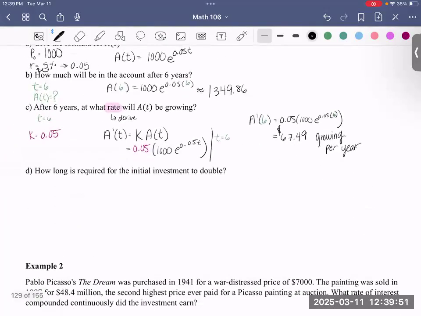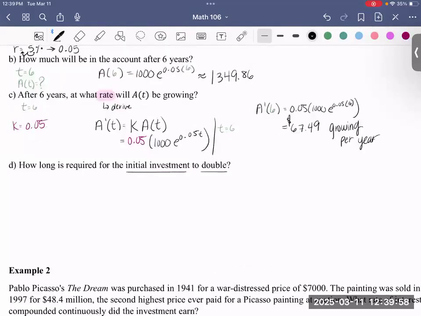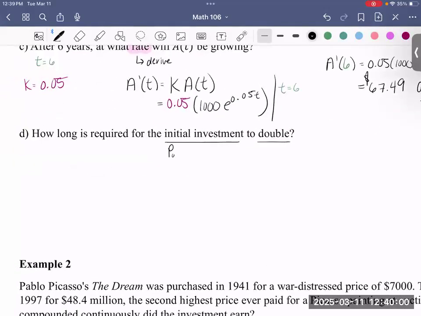Then it says, how long is required for the initial investment to double? So if we know that your initial investment is $1,000, to double it is really just $2,000. And we want to know, what is t? How long will that take?